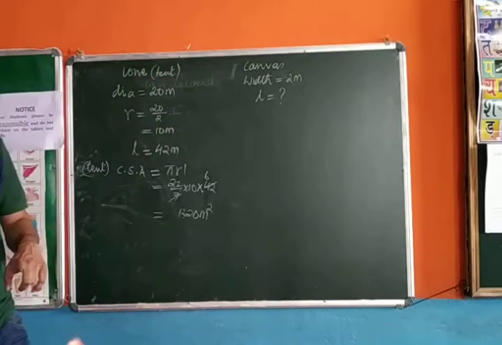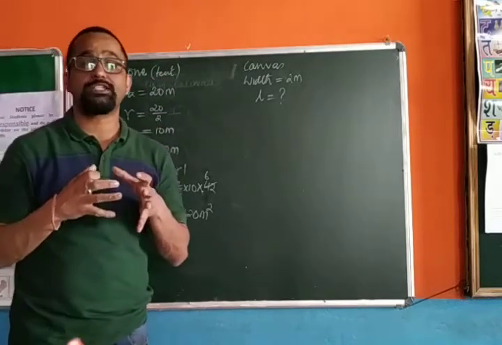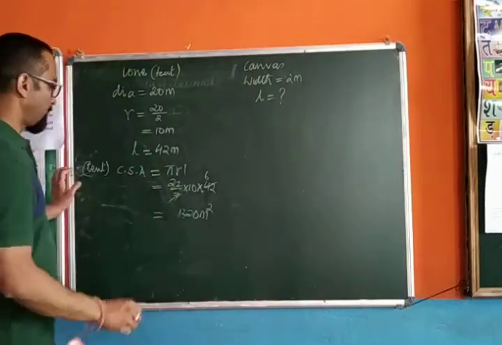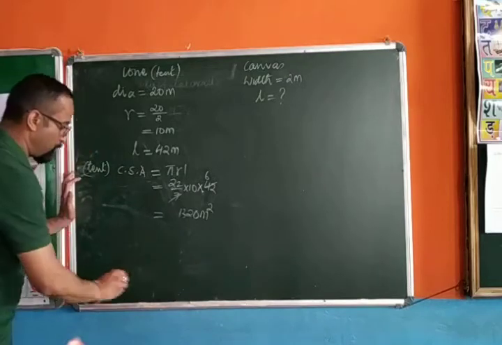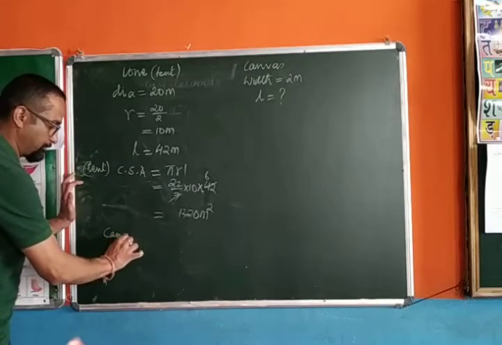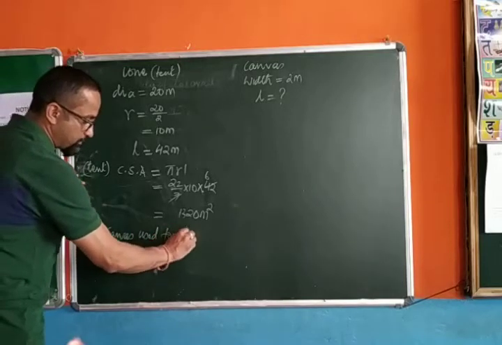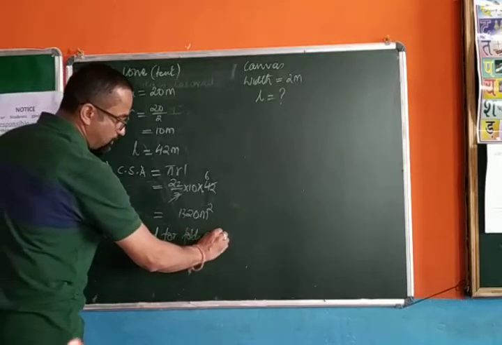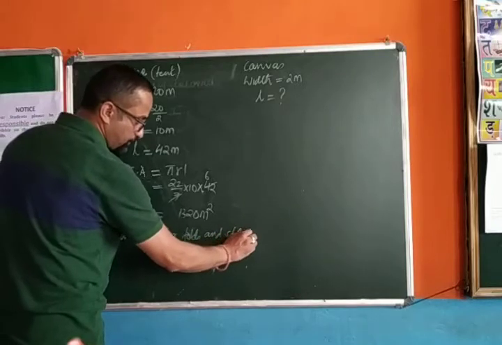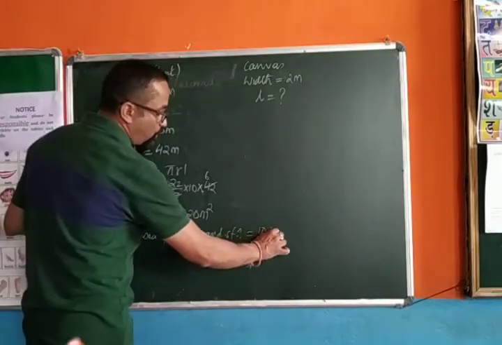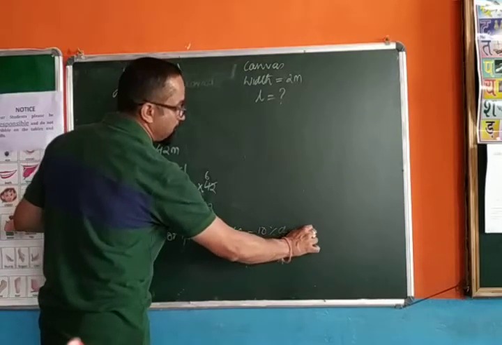You have a condition given in the question: 10% is allowed for folds and stitching. So canvas used for folds and stitching is 10% of curved surface area.